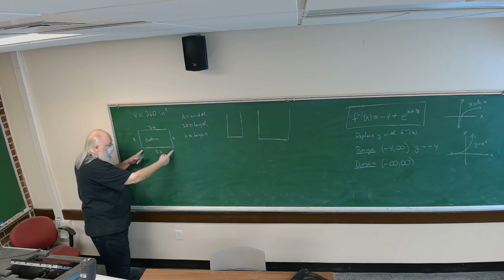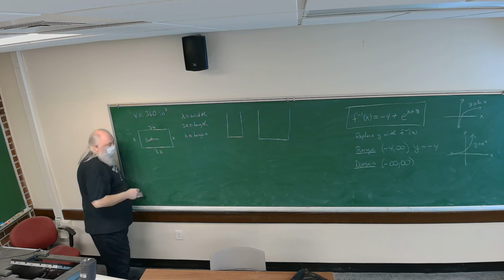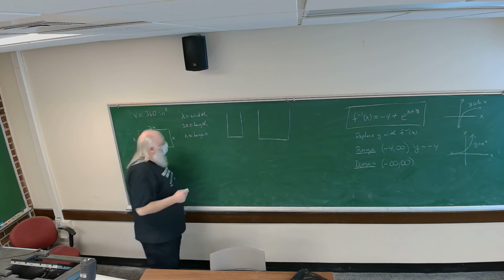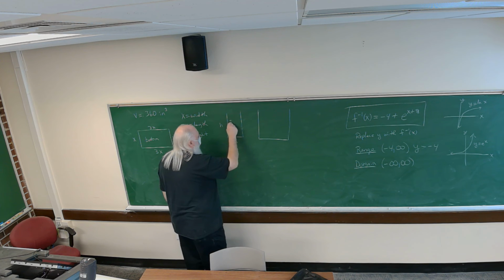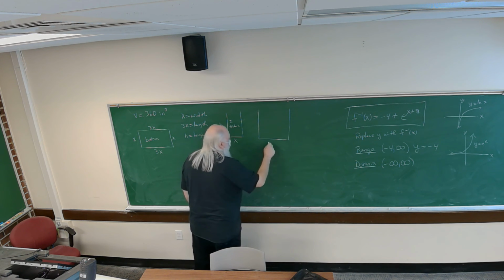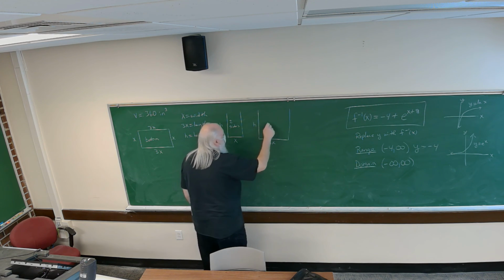This side of the box is going to have a width of 3x, right? But they all have a height of h, okay? So two sides of the box will have a width of x and a height of h. And two sides will have a width of 3x and a height of h.